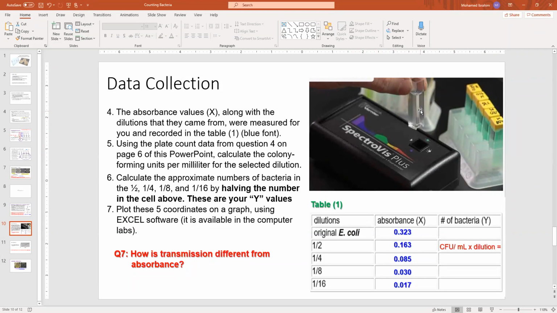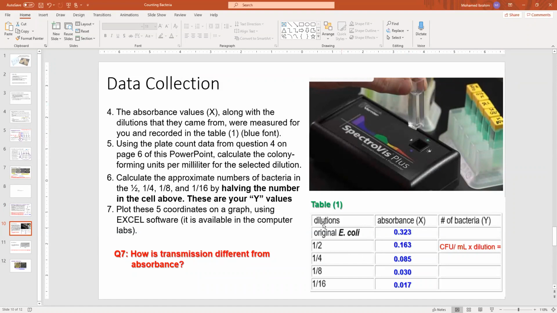So the light is being absorbed by all of those, but you need only the amount of light absorbed by the bacteria. So you need to use a blank which has everything similar except for the bacteria. That will give you an absorbance, and you will zero this, eliminating it from your equation. So every time you measure, it is going to be only the bacterial cells. That is the function of the blank.